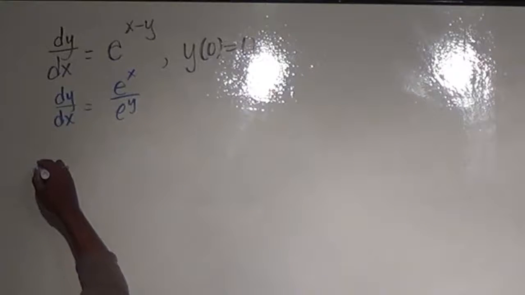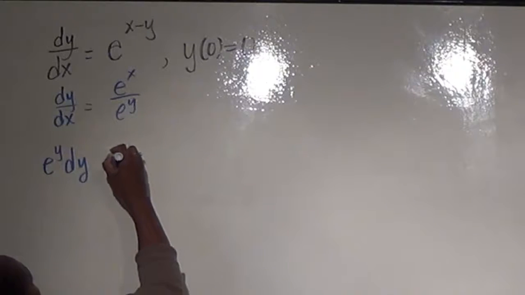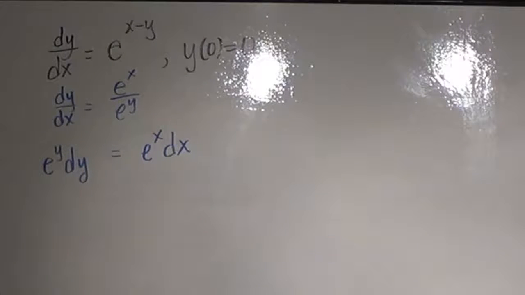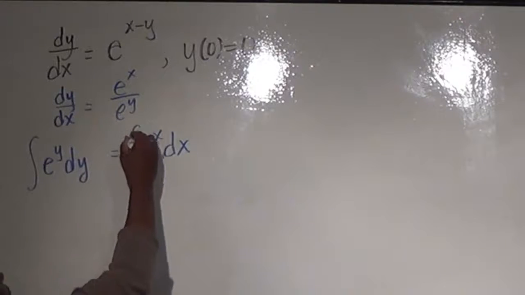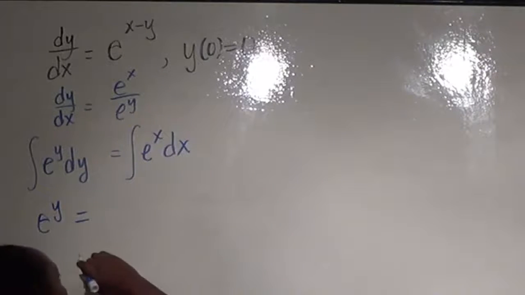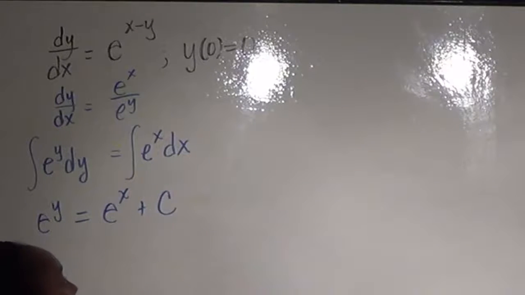So then we can see that multiplying by e to the y and multiplying by dx will help us separate our variables. Okay. From there, we're going to integrate both sides. So the integral of e to the y is e to the y. Integral of e to the x is e to the x plus c.